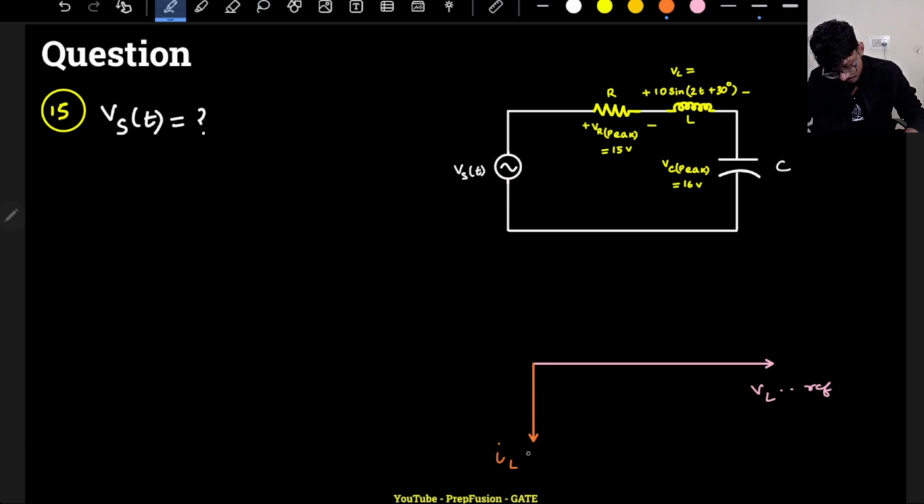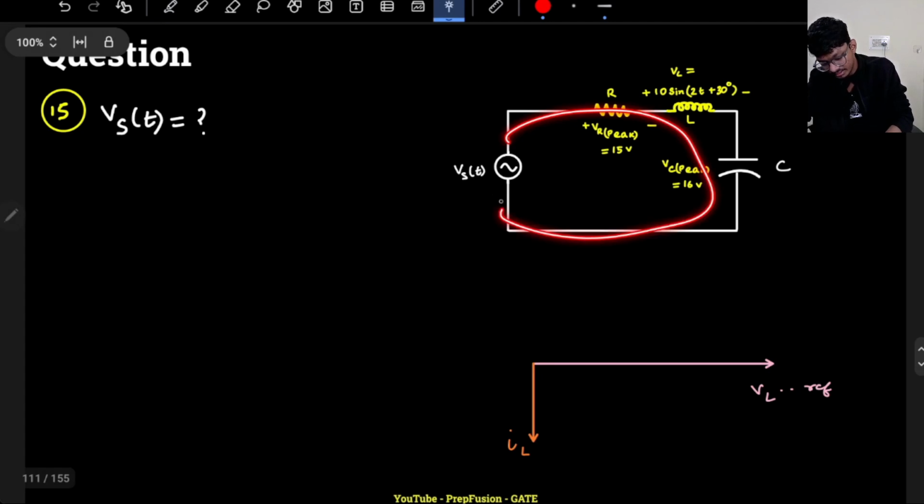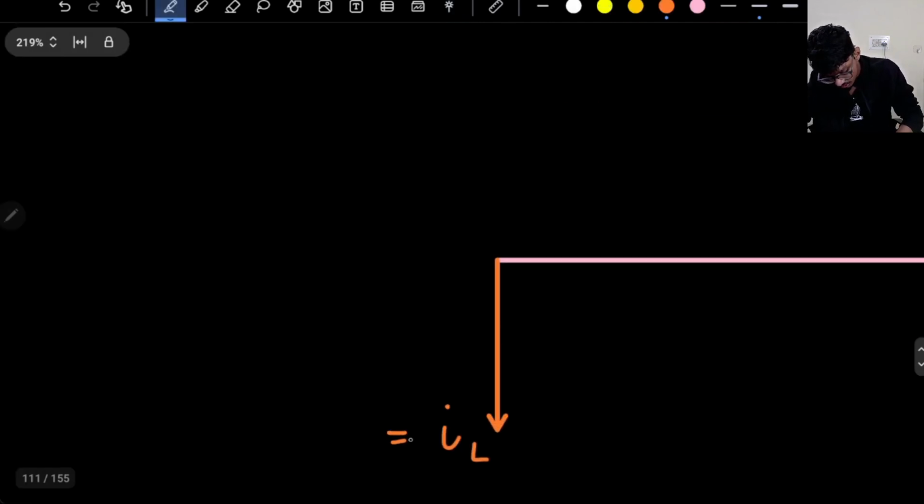Now what is this current? This current is the same as all of this current, because this is a series circuit. So I also will be same here, correct?